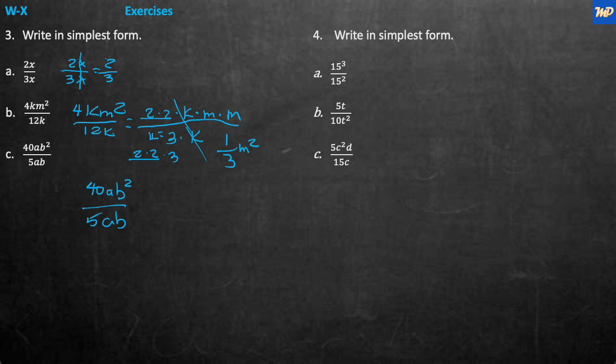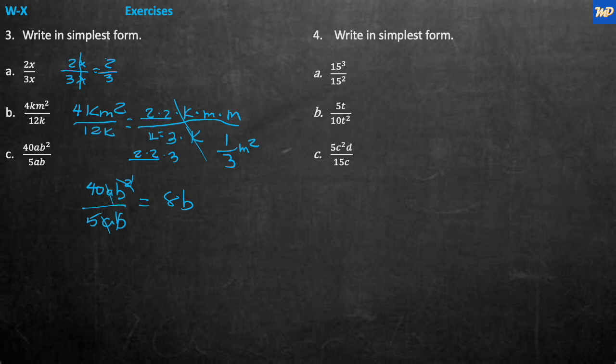So 5 you can't reduce any further. It's a prime number already. 5 goes into 40 how many times? 8. So the 5's gone now. Now the a's can cancel directly, so we can cancel that a with that single a, so they're gone. And then there's one b here, two b's here. This b cancels, and that becomes 1. So it's 8b is the answer for C.